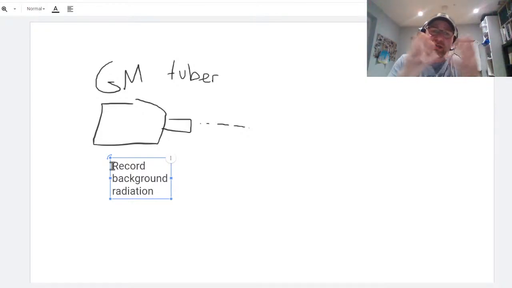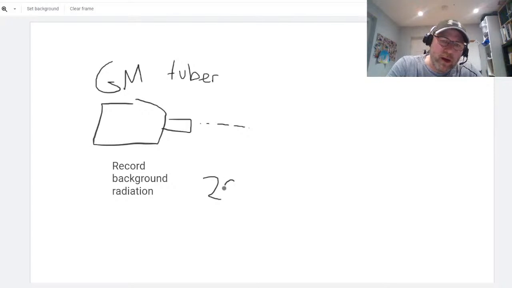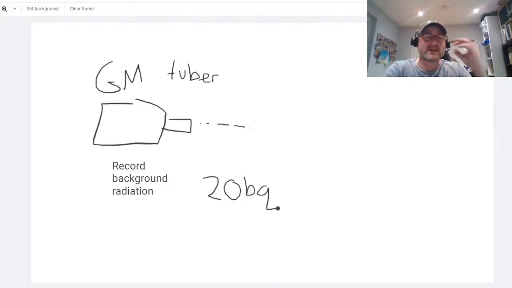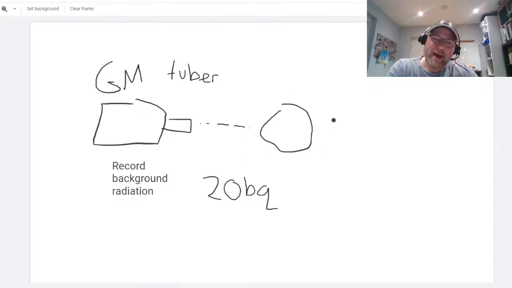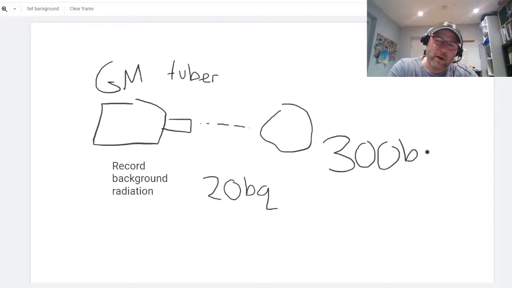There's background radiation from the bricks, from outer space, from food and things like that, and the rocks in the ground that we live on. So let's say I got 20 becquerels of background radiation, or count rate. They sometimes call it count rate. Now I bring my P's in, and the radiation reading goes up to 300.